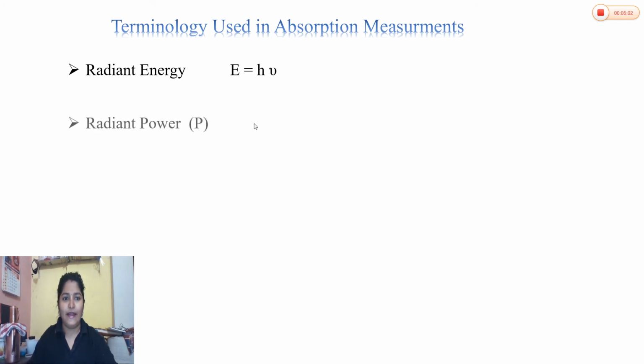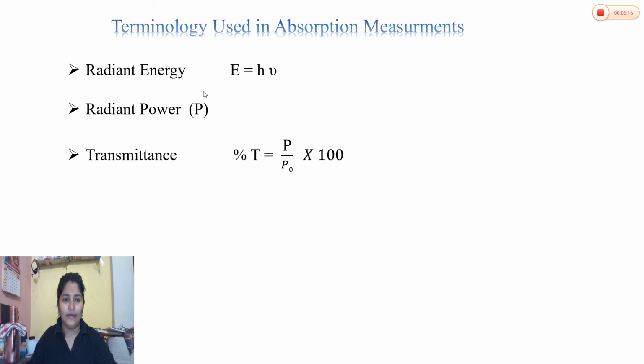Then the next term is the radiant power, which is denoted by capital P. Then transmittance. Transmittance is denoted by capital T. It is the ratio of the radiant power of the transmitted light to the radiant power of the incident light. Here we can write percentage of transmittance, so the ratio multiplied by 100.